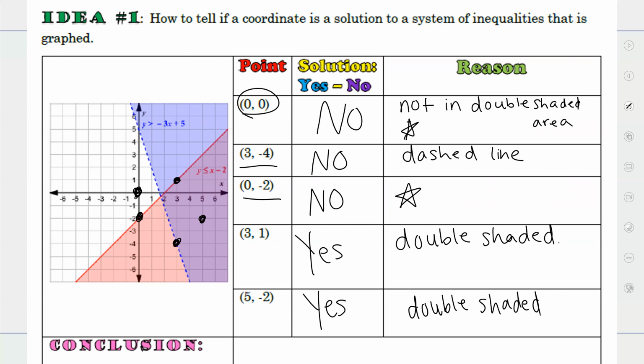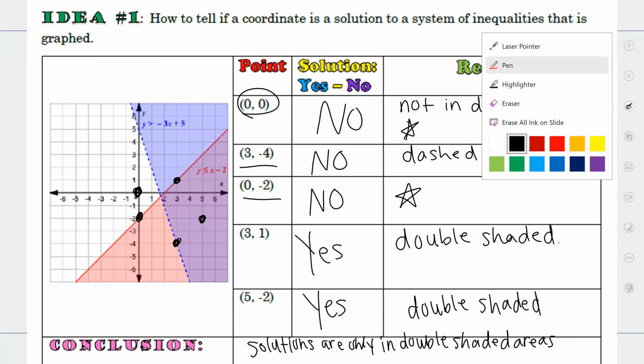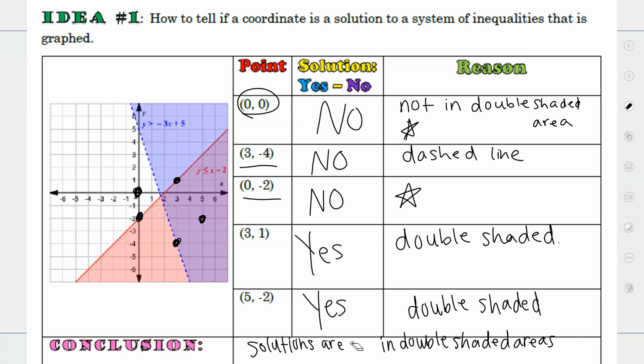Okay, so our conclusion is that solutions are only in double shaded areas. Sorry, I wrote that sloppy, this says only.